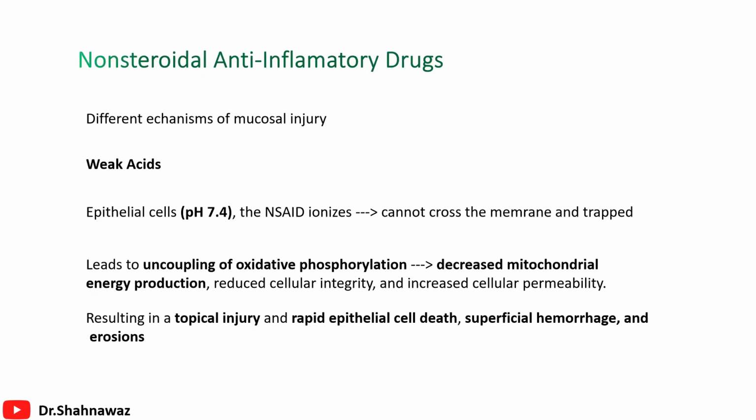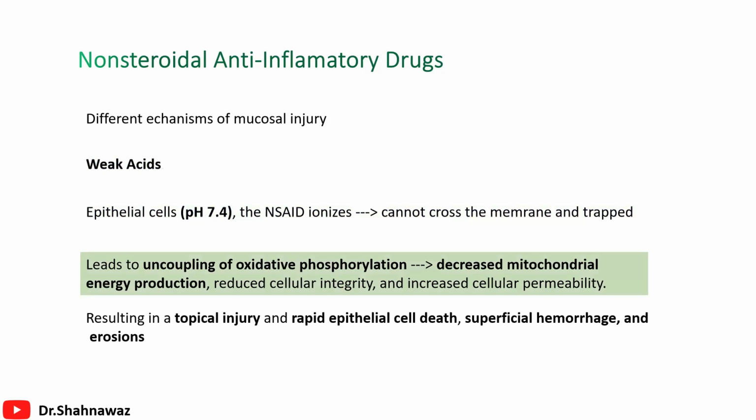The other most common cause is NSAIDs, and there are different mechanisms of mucosal injury by NSAIDs. What is the first mechanism? NSAIDs are weak acids, and when they come into contact with epithelial cells at a pH of 7.4, the NSAID ionizes, and in its ionized form it cannot cross the membrane and is trapped there.